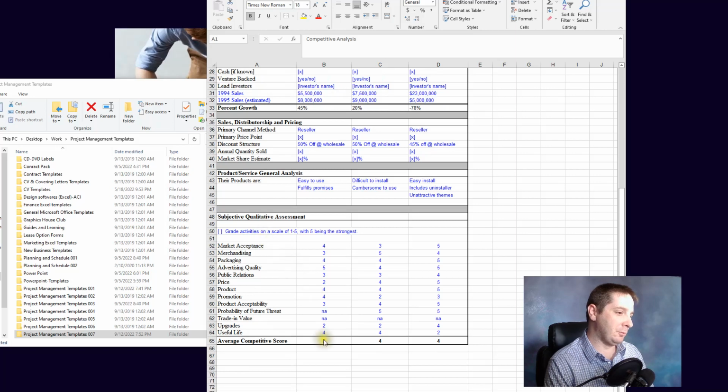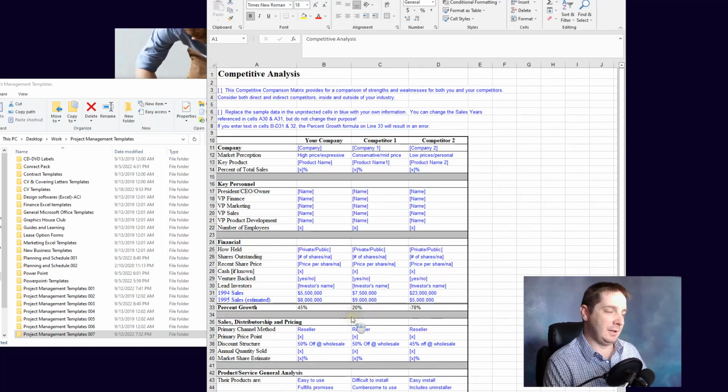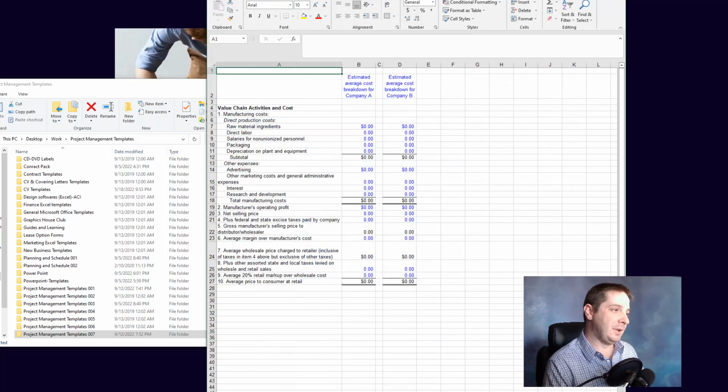This could be a really good system for creating an analysis comparing you against a company, or tailoring it so that it's an analysis of you against a competing project. You could do a value stream analysis, company A versus company B. Company A would be your company. Company B would be their company or their project.